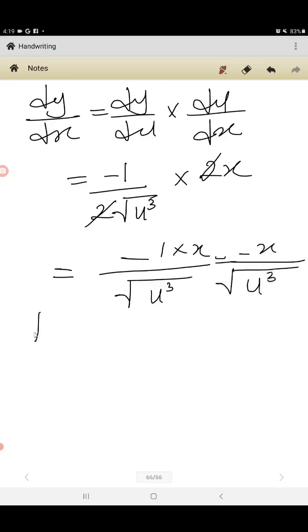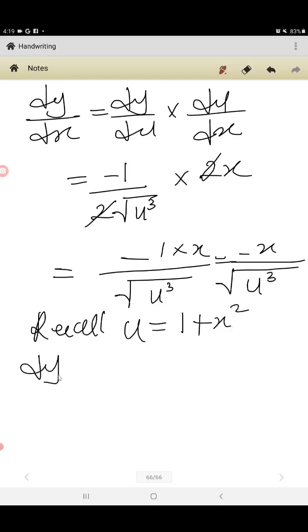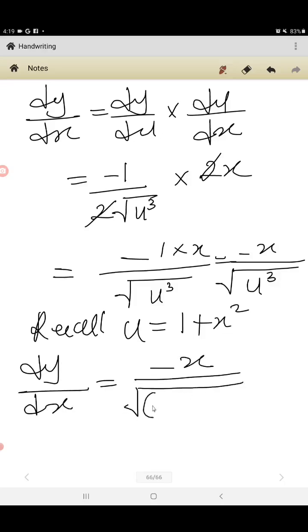But recall that u equals 1 plus x squared. So our dy with respect to x will now be minus x all over root of (1 plus x squared) all raised to power 3. This is the final answer. So this is the composite rule. We stop in this example.